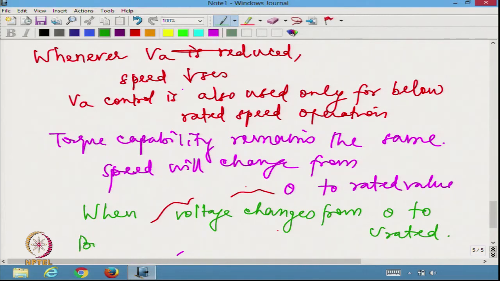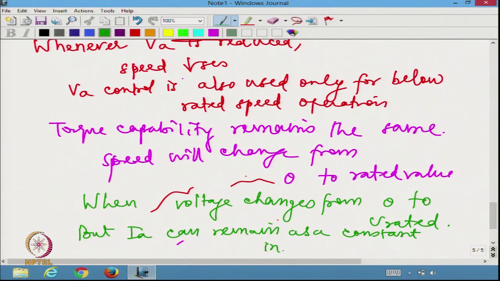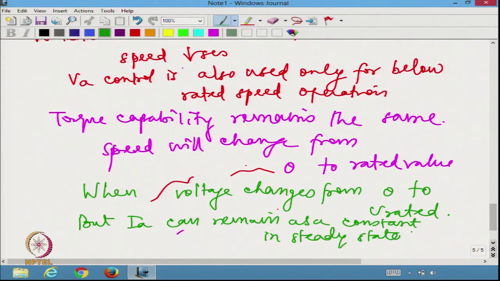But IA can remain as a constant, no problem. But what we are talking about very clearly is in steady state, not during transient. During transient it will definitely vary. So, in steady state you can have IA as a constant. So, torque capability is a constant. So much so for armature voltage control.